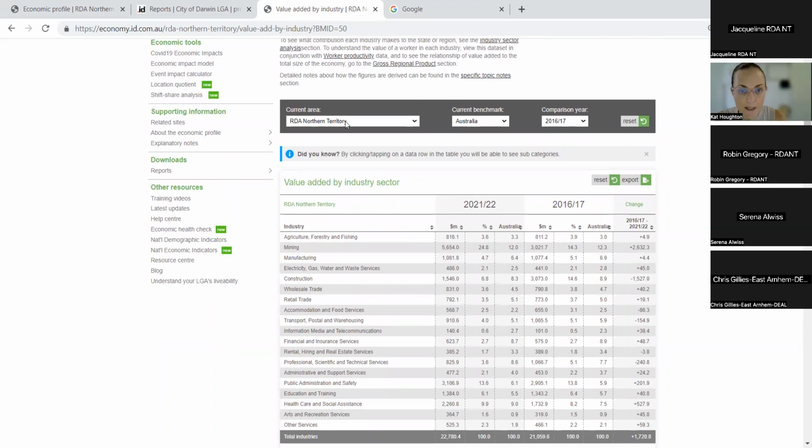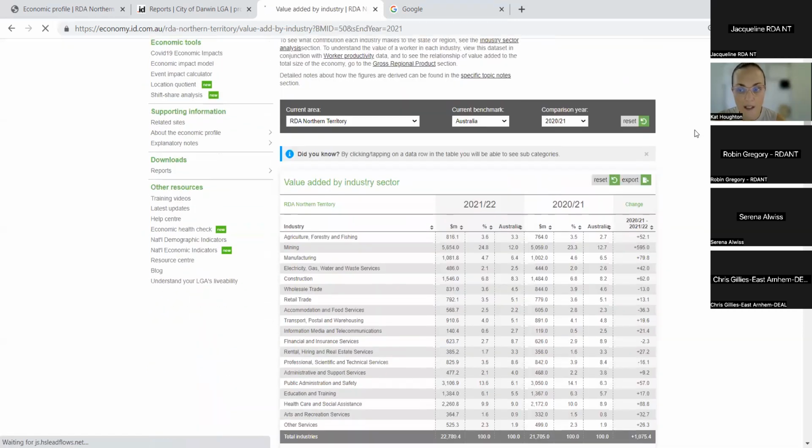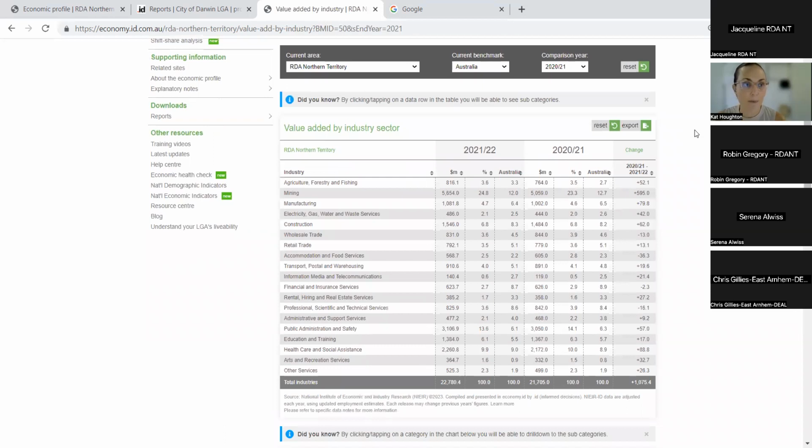Now, I'm still on RDA Northern Territory. I've got my benchmark as Australia. I want to change my comparison year, because I want to see what has happened over the previous 1 year to drive that big change in GRP in the Northern Territory over that 1 year period.